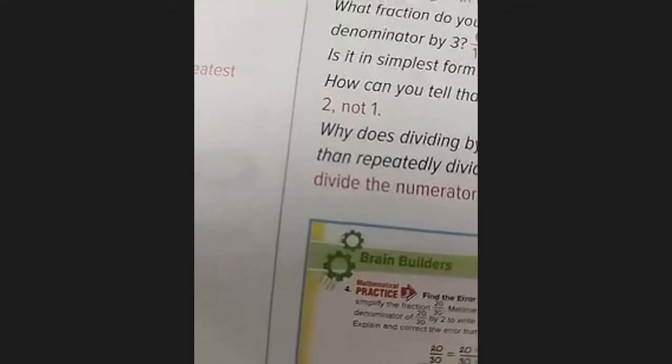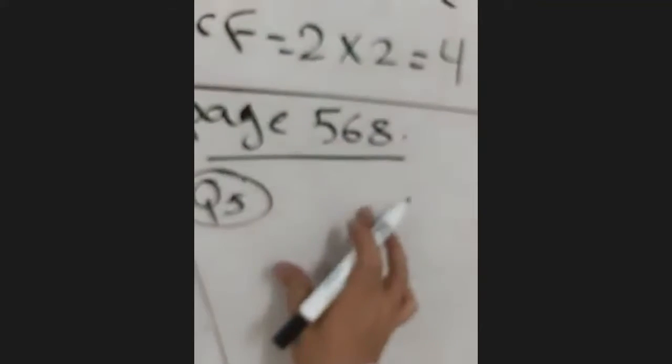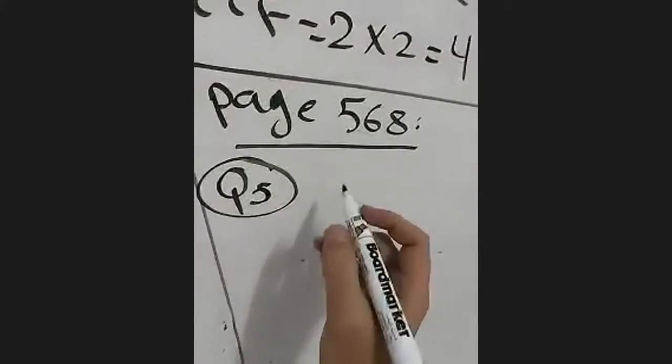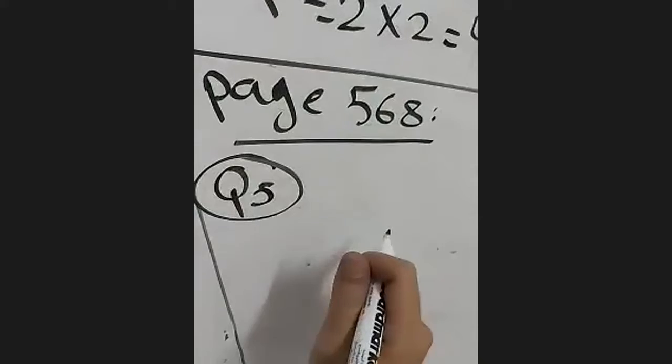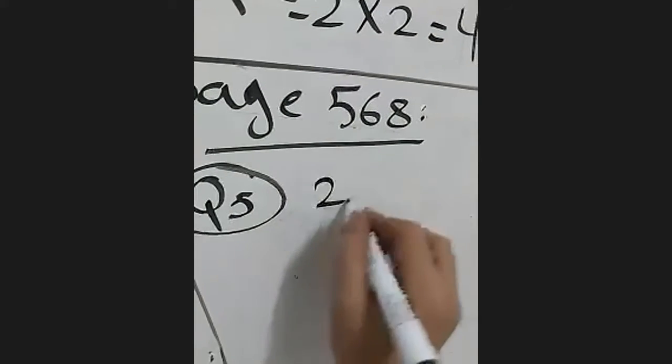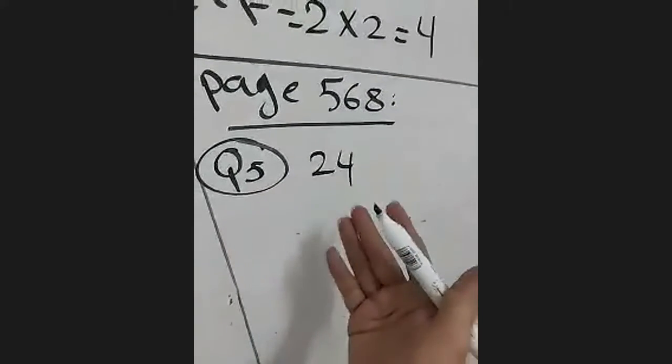Now we want the fraction of games Timika lost, not won. Do you understand? Focus with me. How many games did they play? 24. He played 24 games.